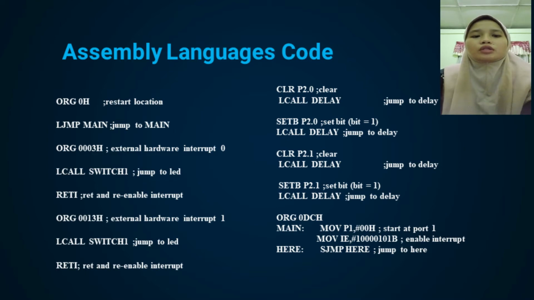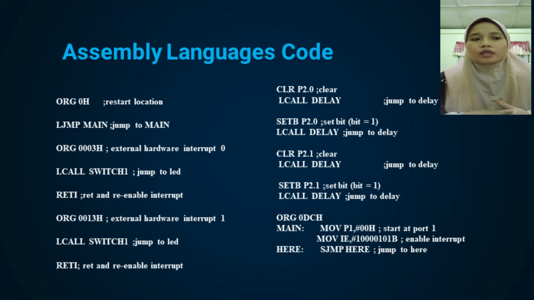After that, we use RETI, which re-enables the interrupt. After that, we declare another two switches at port 2. Then we use CLR and call and SETB. At the main part, we declare the start at port 1, which is the output.